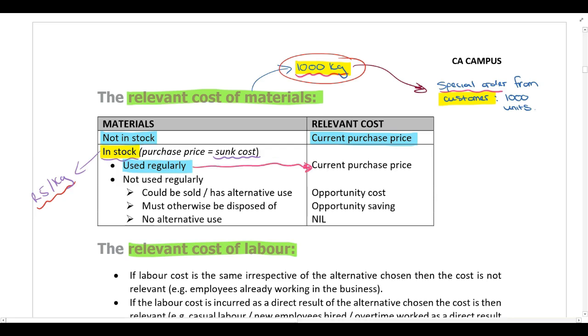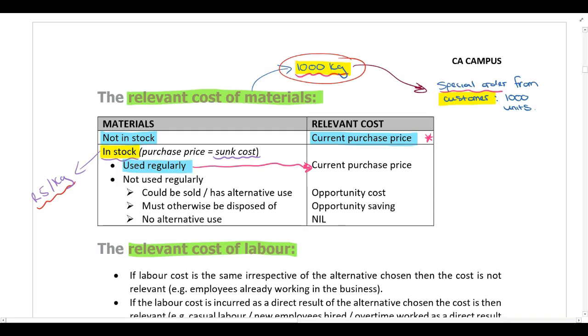We also use our current purchase price. So exactly the same thing as we would do if the material was not in stock. So if it's not in stock, the relevant cost is the cost to buy it, which is your current purchase price. If it is in stock, but it's something that we use regularly, if we use it for this specific order, we're going to have to replace it for future production. So the relevant cost is also the current purchase price.